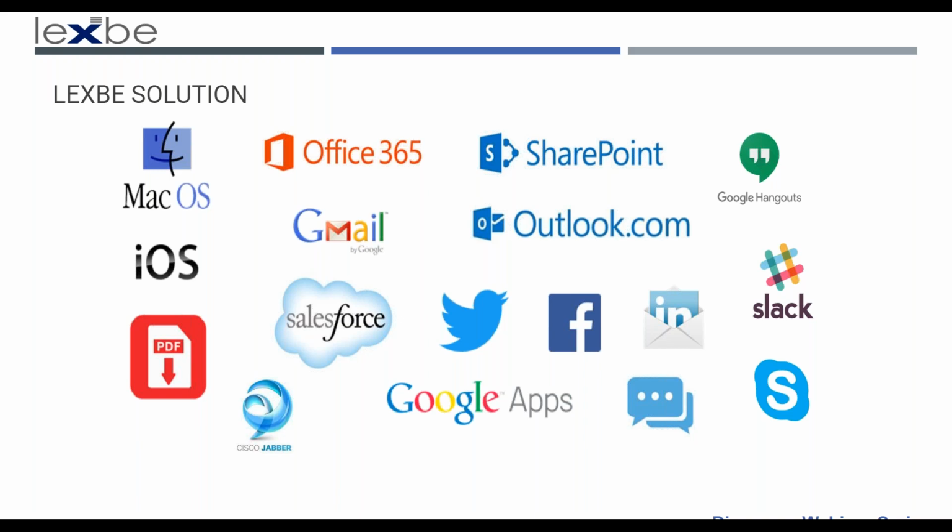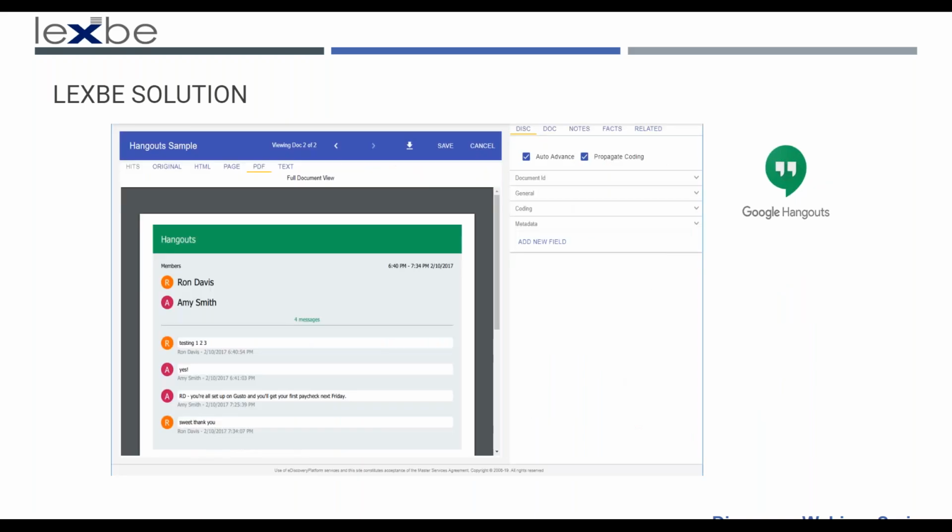When I mentioned simple user interface, here's an example of what I was talking about. This is a Google Hangout file that is rendered in the LexB eDiscovery platform. All you have to do is drag and drop the Google Hangout JSON file over to the LexB eDiscovery platform. So JSON is a technical term and stands for JavaScript Object Notation, which in essence is a container that houses data and objects.